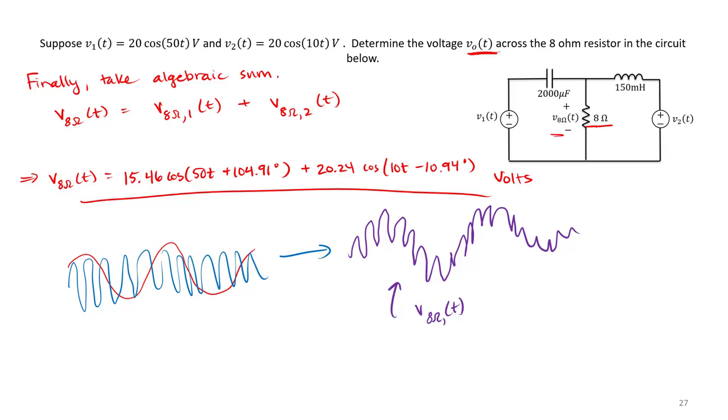All right, so there you have it. You can see that superposition with AC sources really isn't that bad. The key thing to watch out for is, if the frequency of your independent sources is different, make sure you use the impedance for each source at its correct frequency.